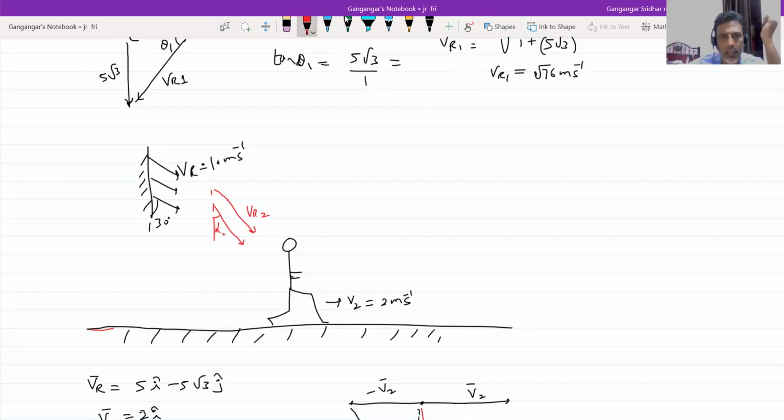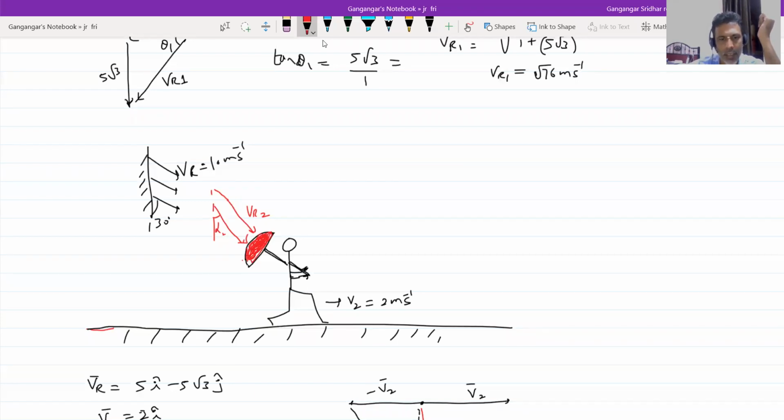So the dome of the umbrella should be again that one. Look at it: earlier, he was holding the umbrella in one direction.